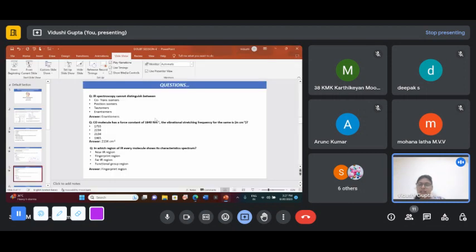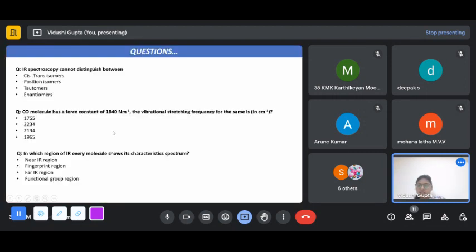You just have to put in the value. The force constant is given, that is 1840.